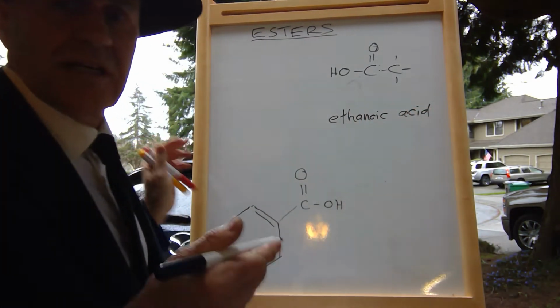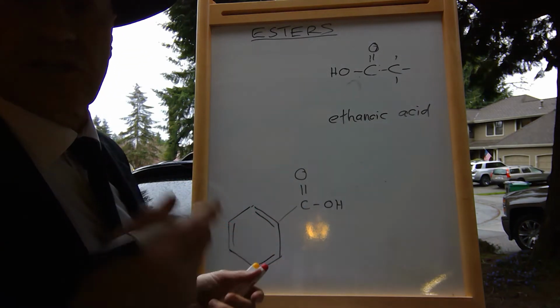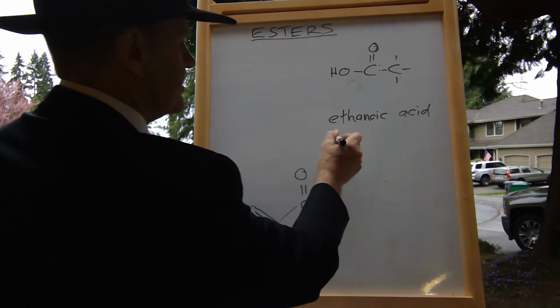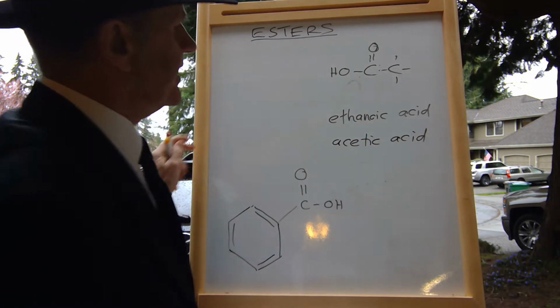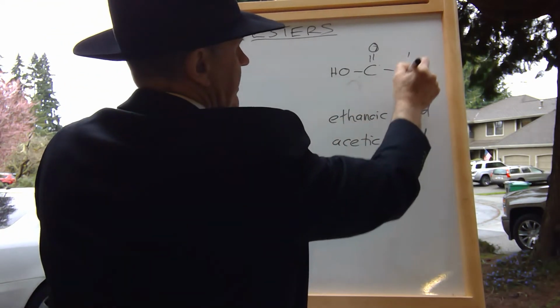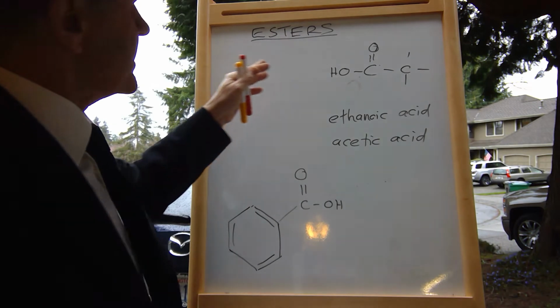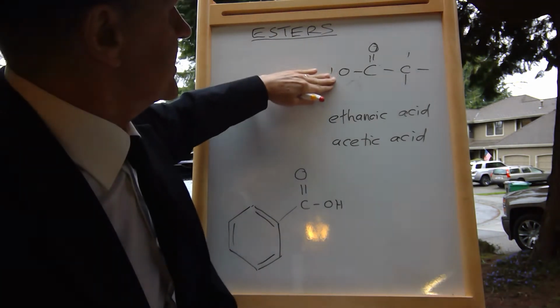Because these have been known for many, many centuries, they've all got common names, and those common names are still sometimes used. This, of course, is acetic acid. Okay, so here's ethanoic acid, rather badly drawn, I'm sorry about that. With ethanoic acid, when you put it in water, it ionizes.